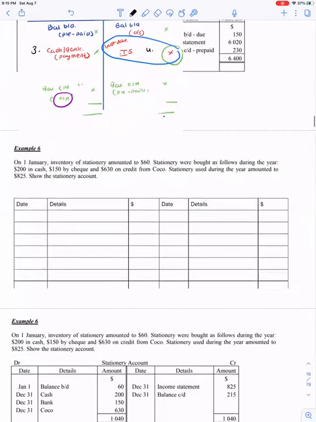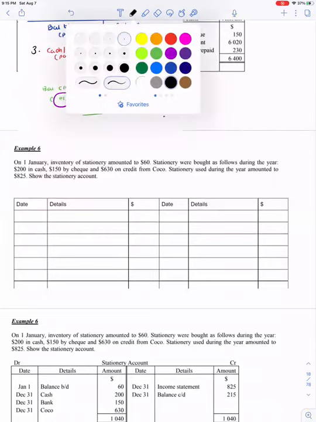Okay, let's look at this example and try to analyze what the details are. They've asked us to prepare a stationery account.